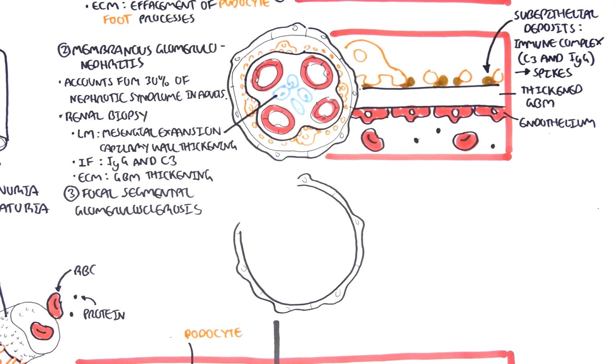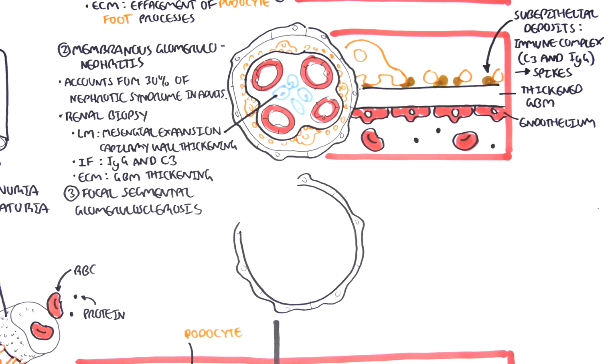So they deposit here, filling in the spaces within the glomerulus, forming these spikes. The immune deposits actually damage the podocytes and the foot projections. And because there are damaged podocytes, proteins that were previously unable to pass through are filtered through from the glomerulus into the Bowman's capsule and into the nephron's tubule.